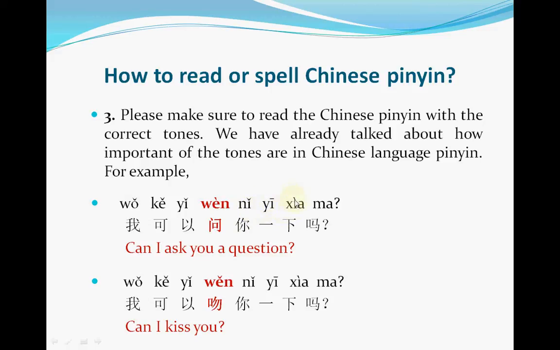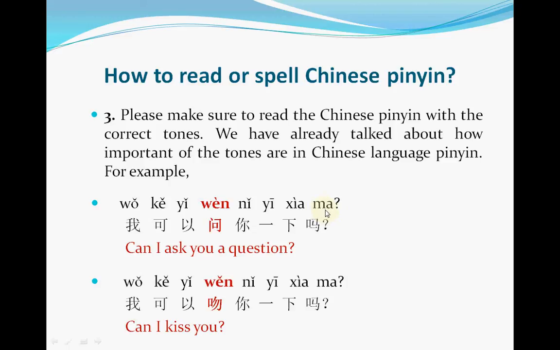Xi ya xia. Remember, this is our mixed vowels we talked about in our previous class. 西呀下 mo a ma. This one without tone.